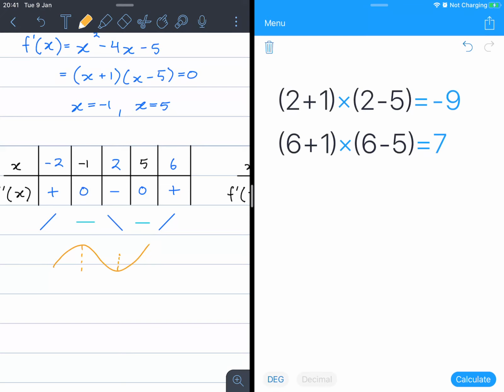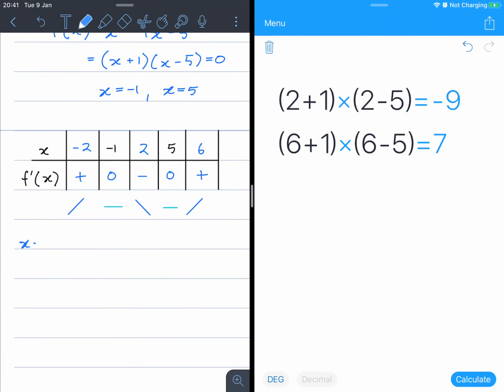Notice how with this method, we do not know the y values for our maxima or minima. We just know that we can write x equals -1, that's a maxima, and x equals 5 is a minima.